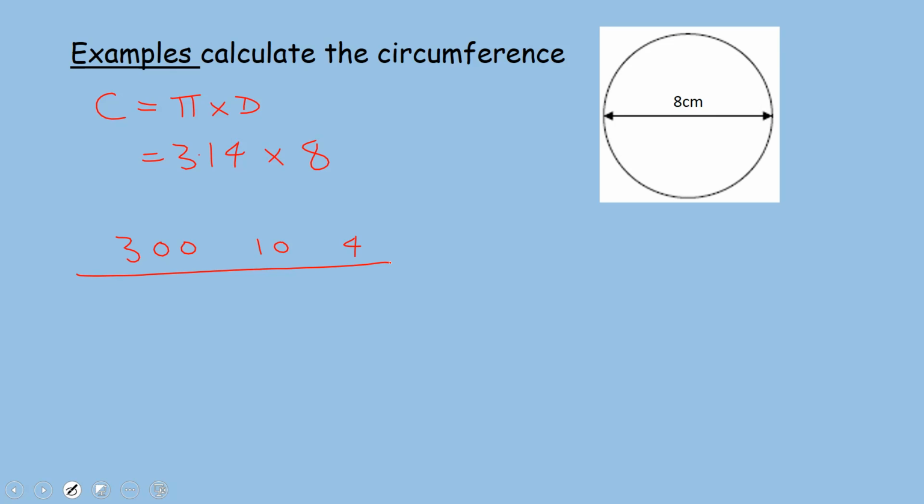We're going to multiply everything by 8. So 8 times 3 is 24. Add 2 zeros. 8 times 1 is 8. Add a zero. Then 8 times 4 is 32.